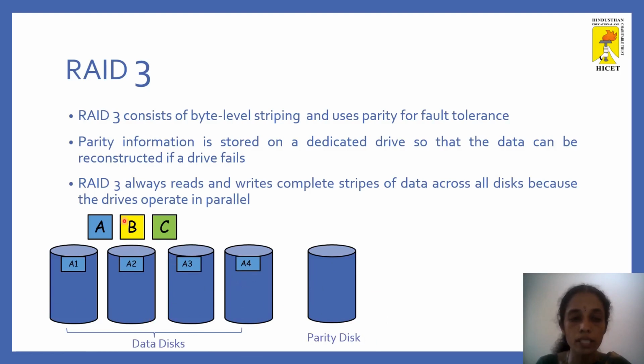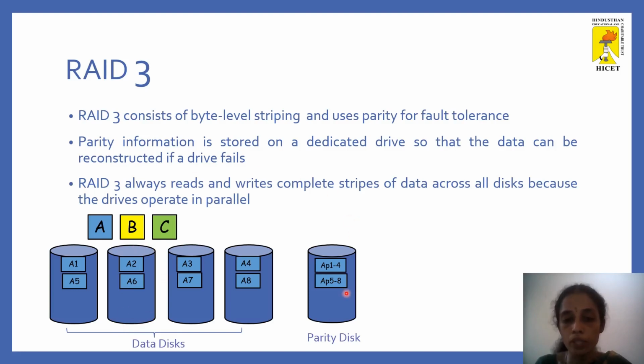In the data disks, byte level striping is performed on the data, and for that a parity is calculated and stored in the parity disk. For these 4 bytes you will have a parity calculated, and if you have another 4 bytes, another parity will be calculated.